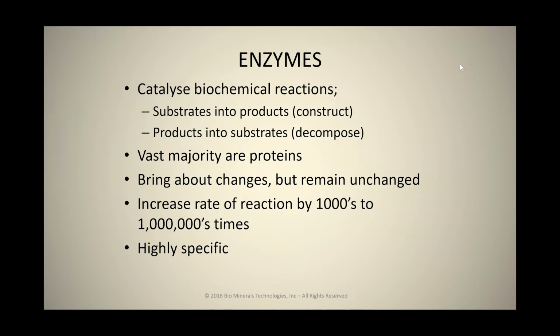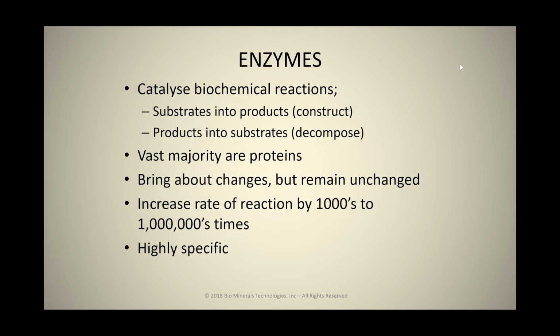Enzymes. Now, every organism that lives, from a microbe to an insect to an animal to a human and a plant, comes with its own enzyme package. Everything is there. And these enzymes put things together. They also take things apart. The vast majority are proteins, and they activate the processes of change, but they don't become part of the change.